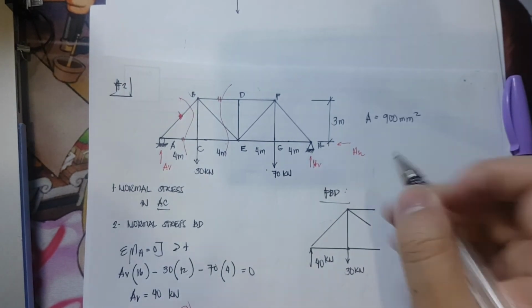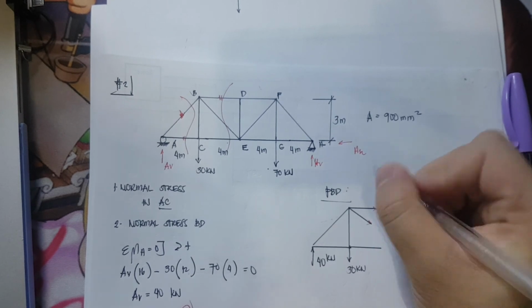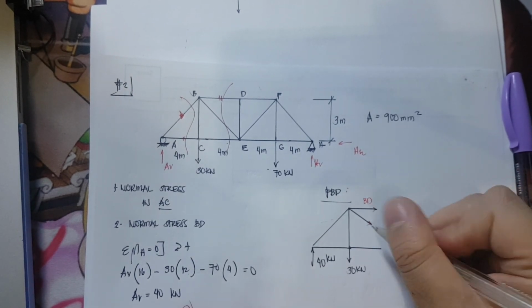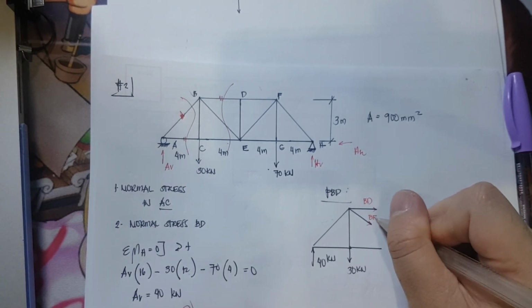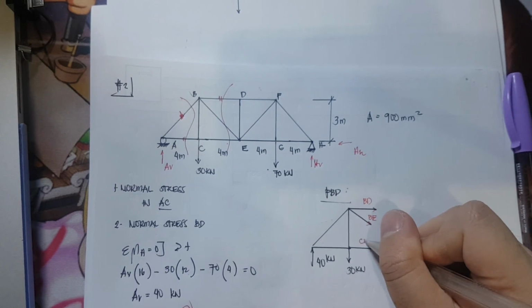If you look closely, we have 3 unknowns: BD, BE, and CE.